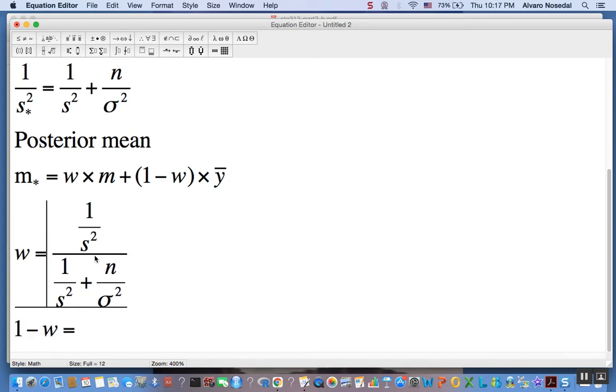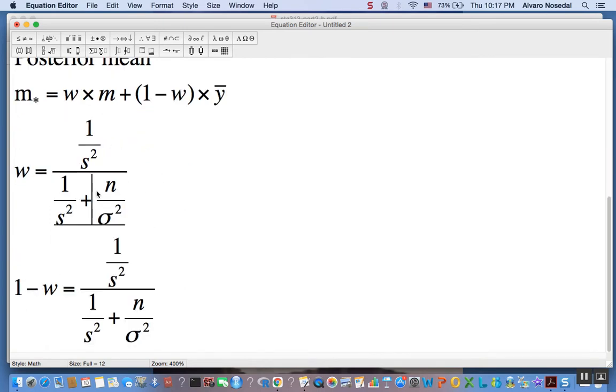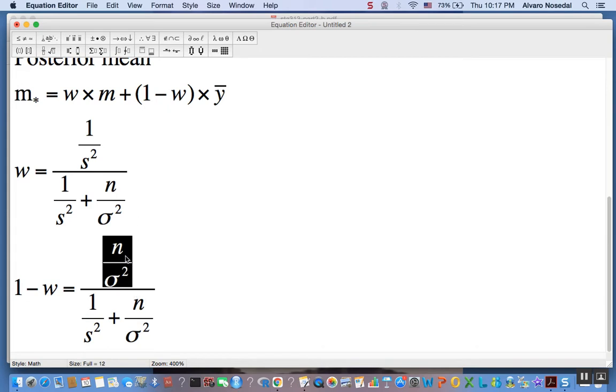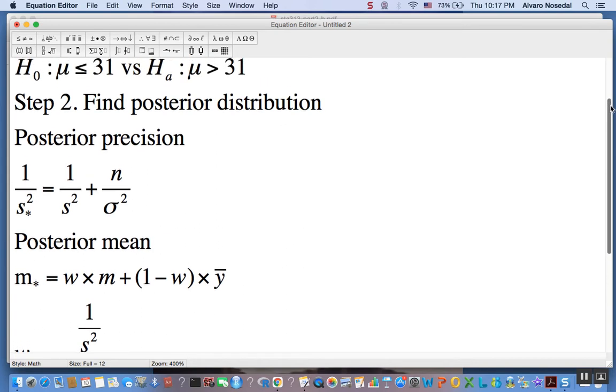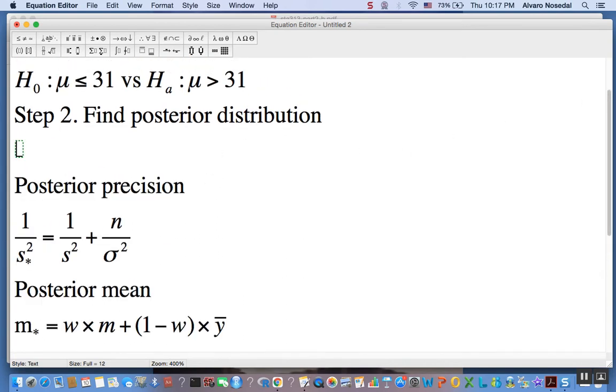and then 1 minus w, well, would be the following quantity, would be n divided by sigma squared, which would be your sample precision divided by the posterior precision, right? Okay, so once you have that, no problem, because we know that the posterior distribution in this case is normal.